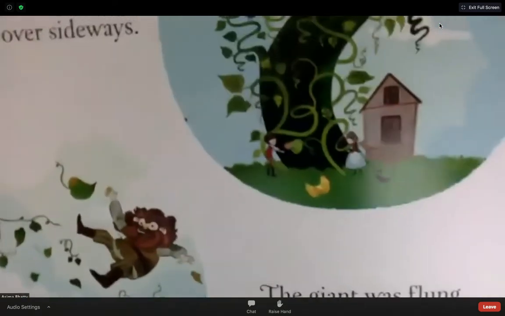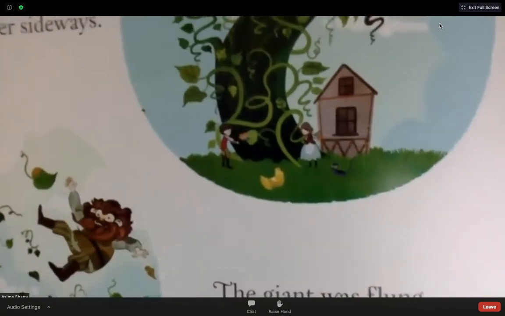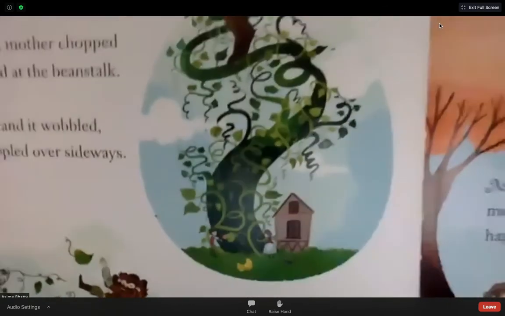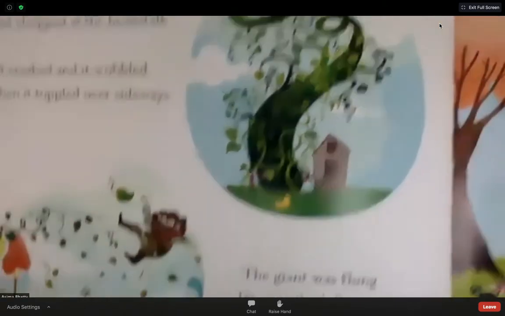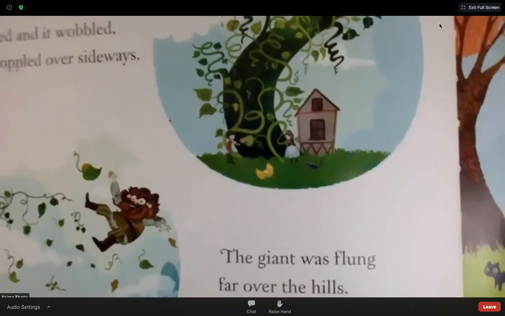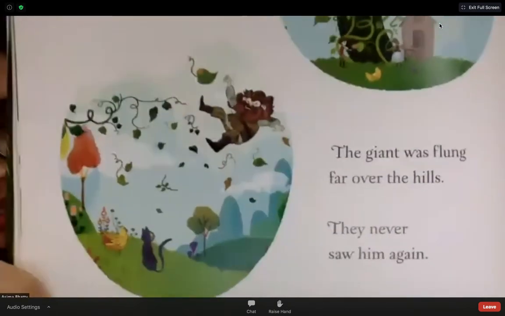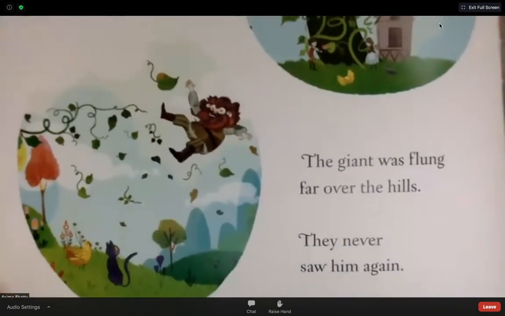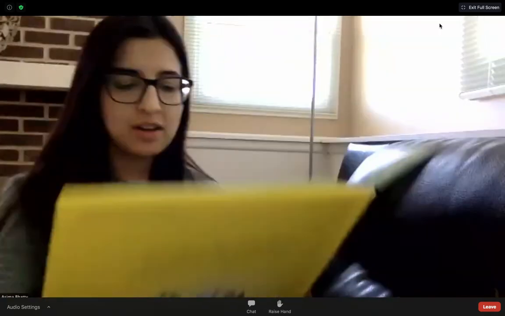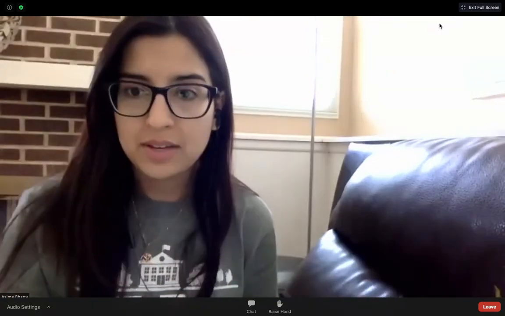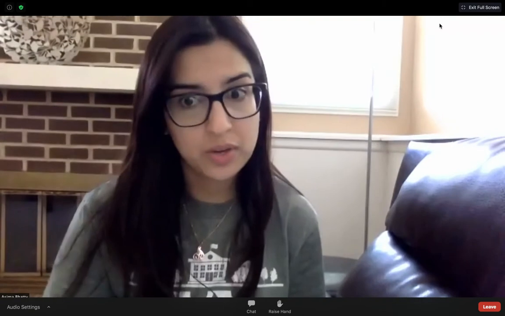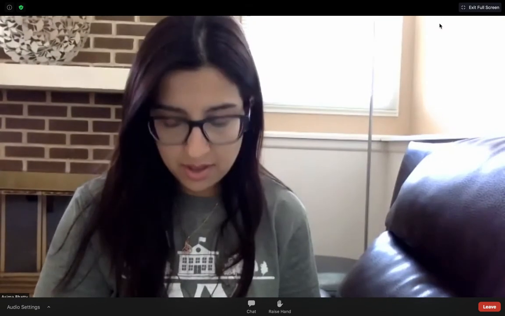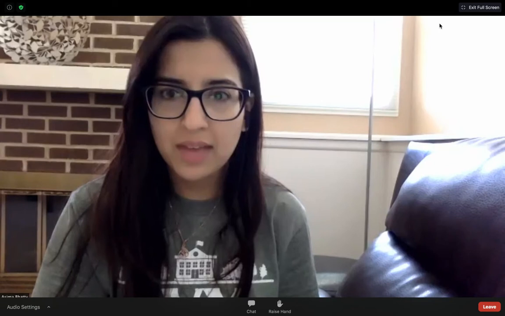You can see Mom and Jack trying to chop down that beanstalk. Not easy. It's huge. It's like even wider than their house. And there goes the giant, far, far away, and they never saw him again. Oh my goodness, that was a close one. So glad they're safe. But wait, what about the hen?